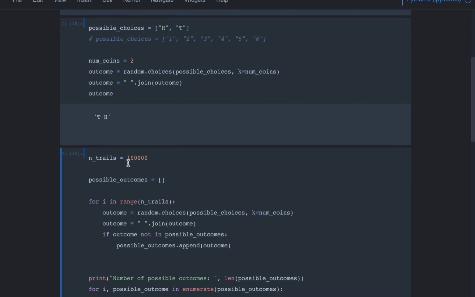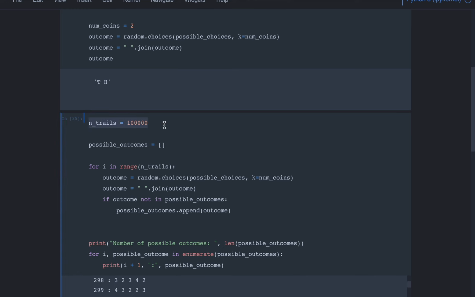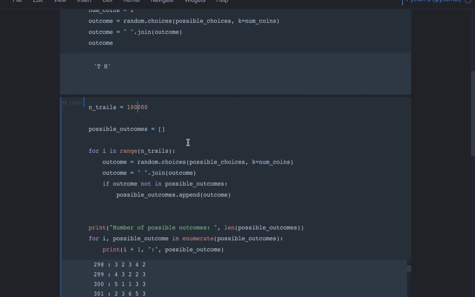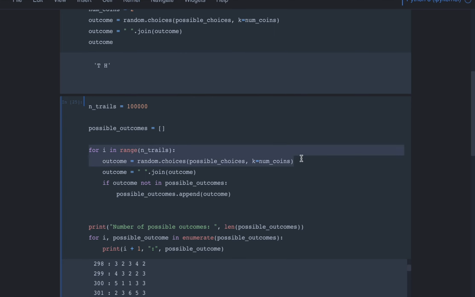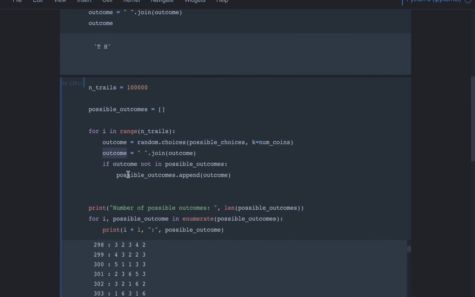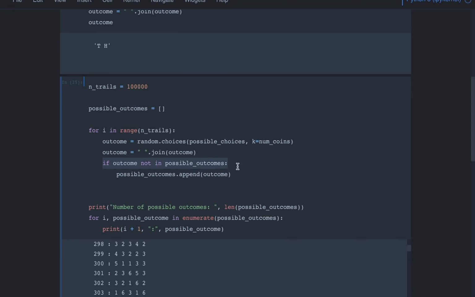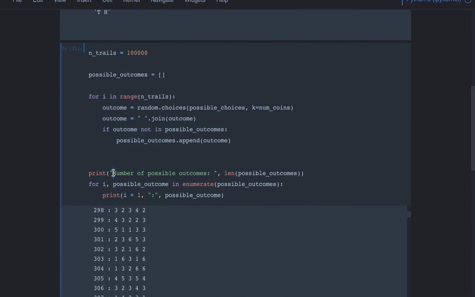So here what we are doing is we are repeating this experiment some 100,000 times, and each time we are flipping 2 coins and collecting the outcome, and we are checking if this outcome is seen before or not. If this outcome is not seen before, then we are appending that outcome to the total possible outcomes. Finally, here we are printing the total number of possible outcomes and what those outcomes are.